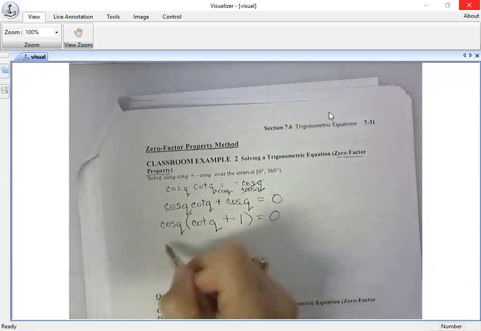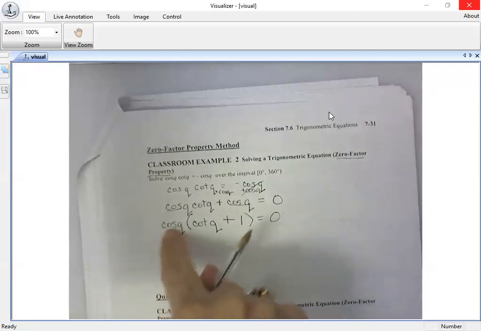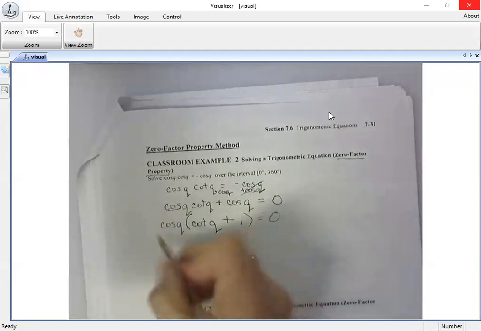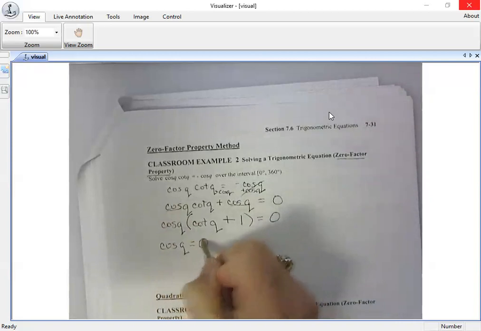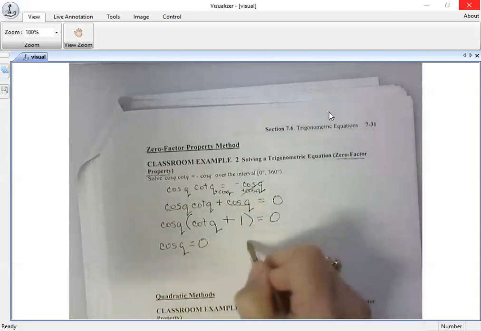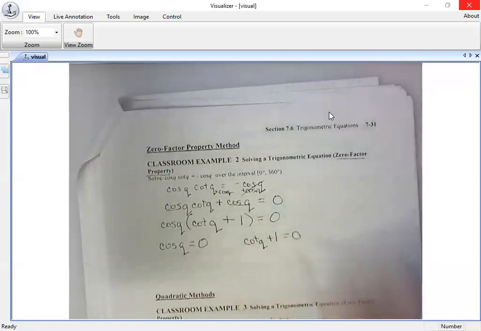Either, what's one of my factors? My common factor here, cosine of angle Q, has to equal 0, or what else equals 0? Cotangent of angle Q plus 1 would equal 0. Are you with me so far?